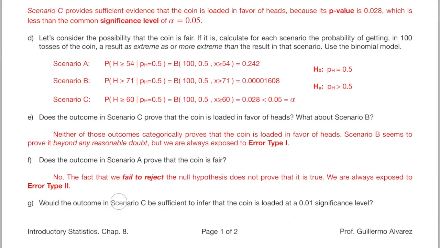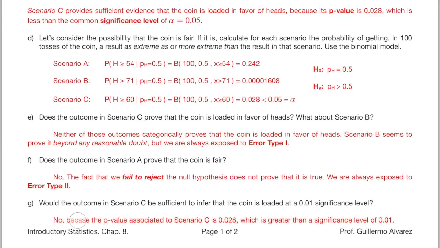Here a last question. Would the outcome in scenario C be sufficient to infer that the coin is loaded at a 0.01 significance level? No, because the p-value associated to scenario C is 0.028, which is greater than the significance level of 0.01. That's why we say that the significance level shall be selected at the beginning of the study before picking the sample.